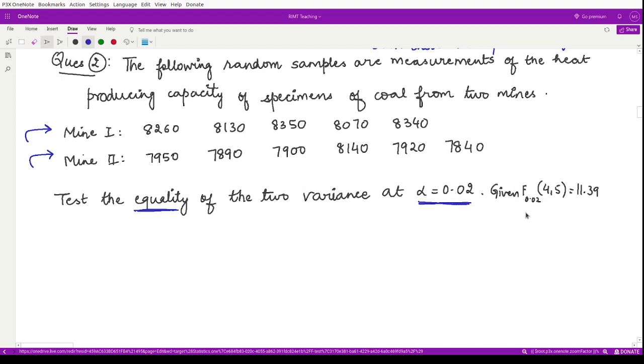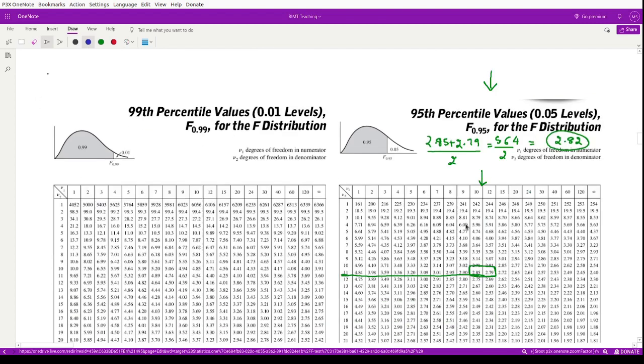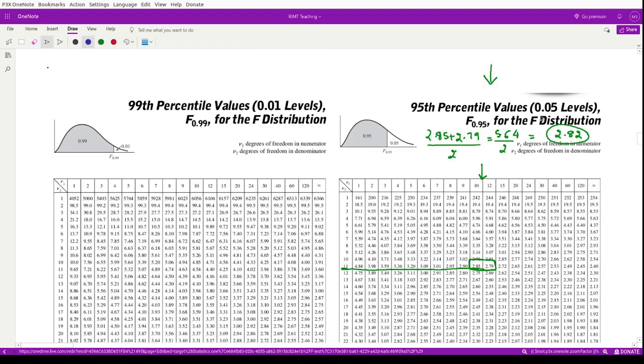And it is given to you that the value of F at 2% level of significance with 4,5 degrees of freedom is 11.39. So in this case the tabulated value is already given to you in the question. Otherwise you may refer back to the table. We have different tables for different levels of significance.